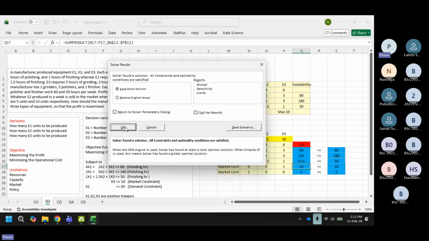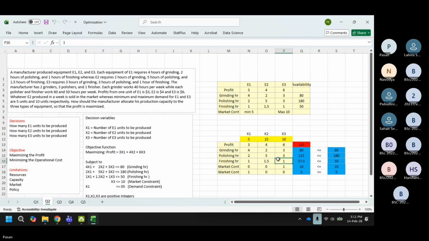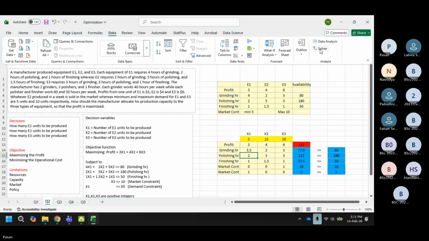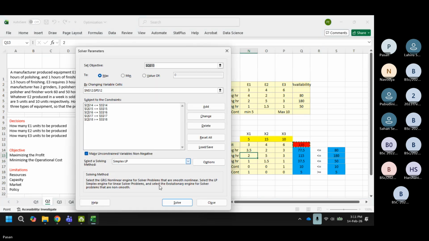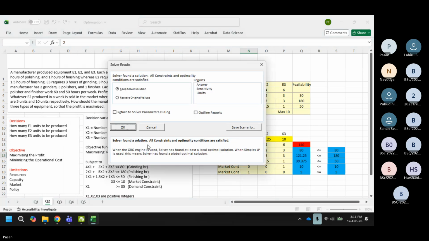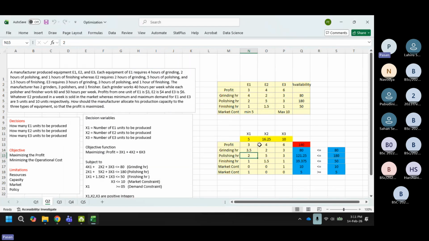Okay, so I had to keep the solution. Say something like, let me try this as 3.5. Yeah, now you can see it is going up to 16.25.